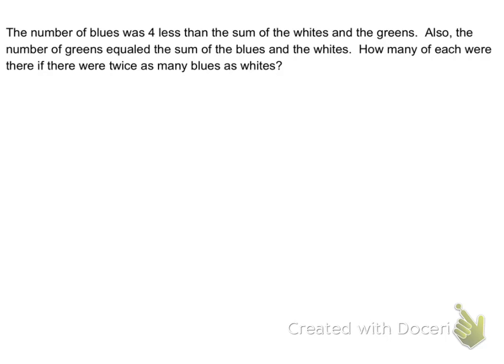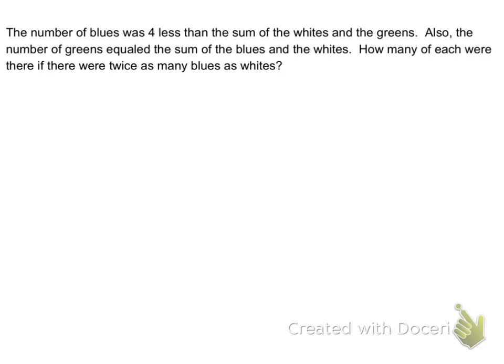Usually on word problems like these, every sentence is actually its own equation, for the most part. The number of blues was 4 less than the sum of the whites and greens. Now there are some action words in here: was, is. Is and was would stand for what? To be something, or is, or was, would be equal to.